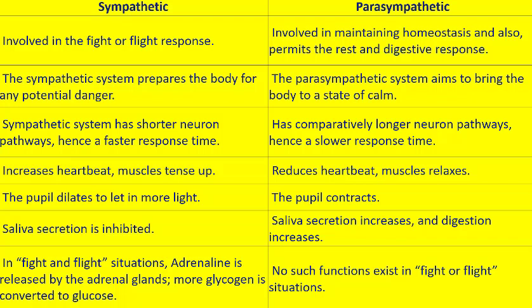Glycogen is stored in the muscle and liver, and in the flight and fight mode, more energy is required, so glycogen is converted to glucose for energy. While in parasympathetic activity, the conversion of glycogen doesn't occur, or it has no role in the conversion of glycogen to glucose.